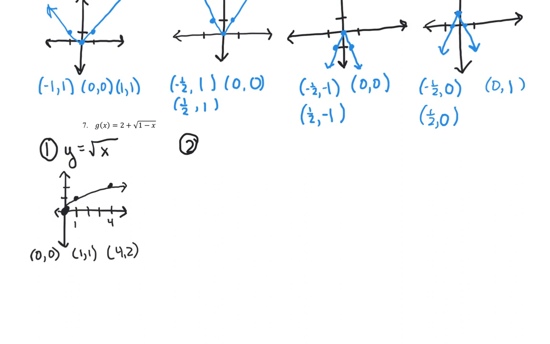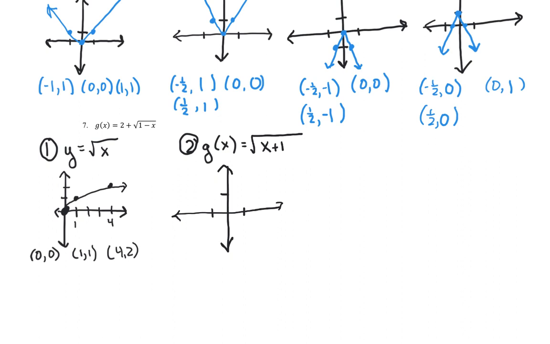Now let me do something that may appear just a little bit tricky here, but we need to address this 1 minus x on the inside. At first, what I'm going to do is add 1 to the inside of the function. And if you remember, this is going to be a side-to-side shift, 1 unit to the left.